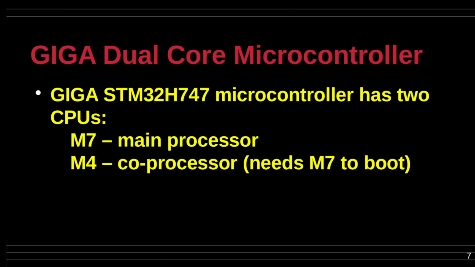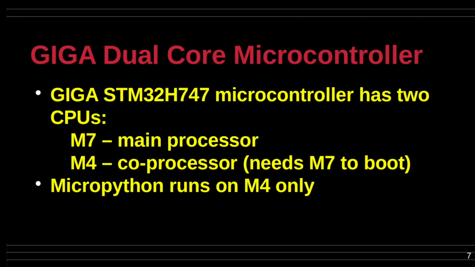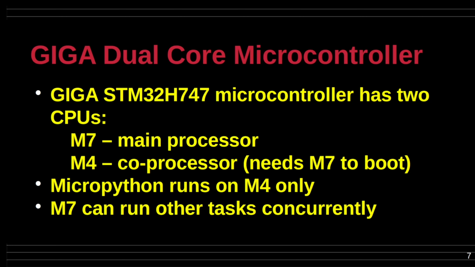This is by design, as the M4 core offers several advantages for running MicroPython. Lower power consumption: M4 is a more energy efficient core compared to the M7, making it ideal for battery powered projects where minimizing power draw is crucial.